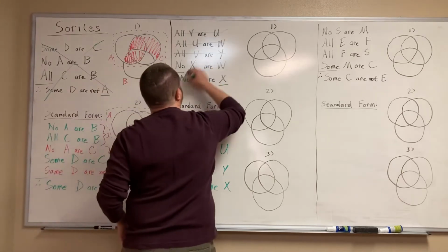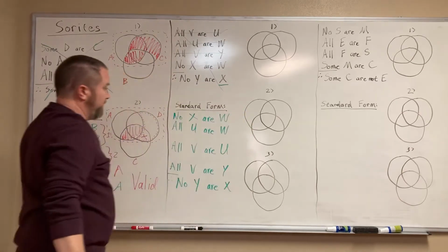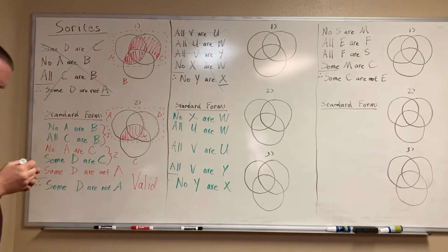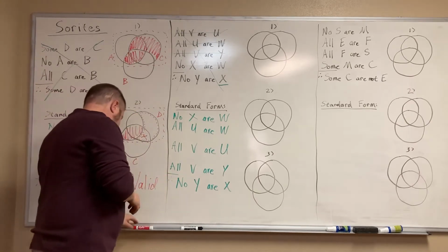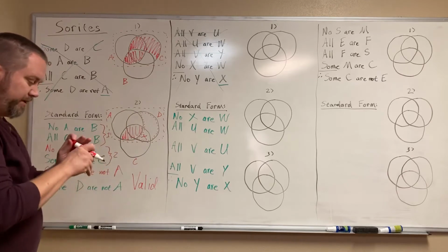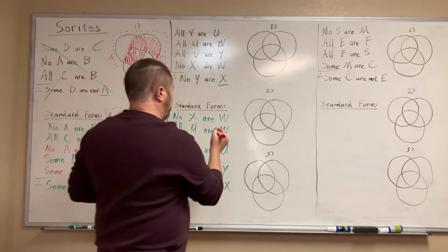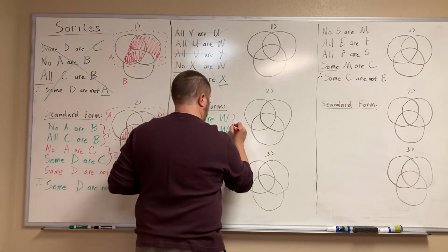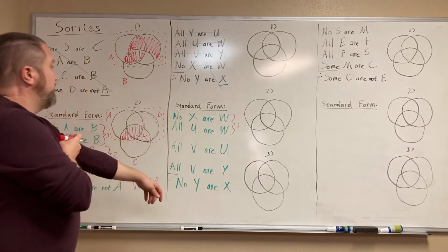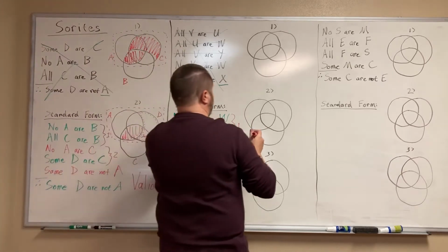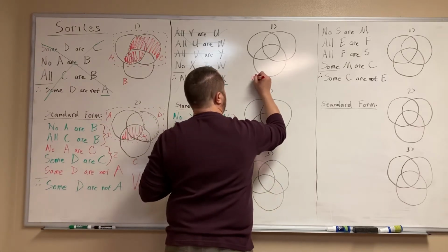Okay, so let's just get that out of our mind for now. And this is our proper standard form. So that's the order that we're going to use. We're going to make a Venn diagram of the first two premises first. So let's label it. W is used twice, so that's your middle term.